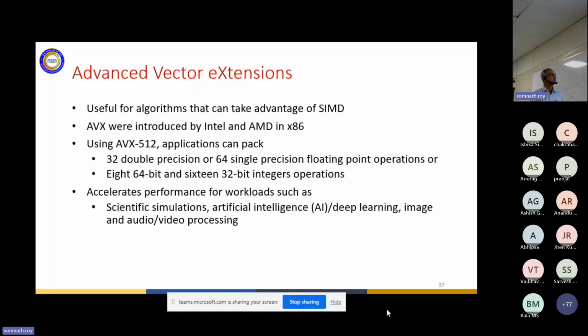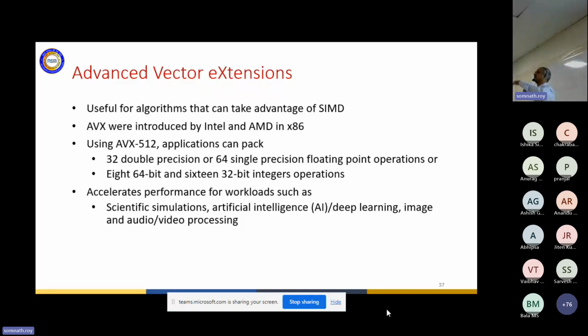This is called same instruction but multiple data. This was introduced by Intel and AMD. Earlier instruction sets did not have it, but subsequent ones do. There is something called AVX 512. I will show you how this works, how it packs, in the next slide. The point to be noted is that there are some workloads where there is streaming data, like audio, video, or deep learning, for example MPEG-3 encoding, where you have a stream of data coming.